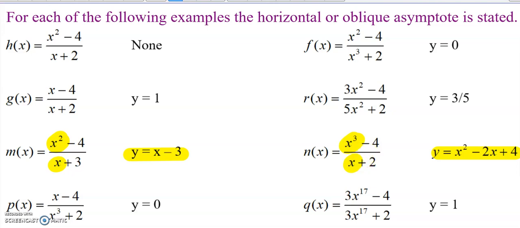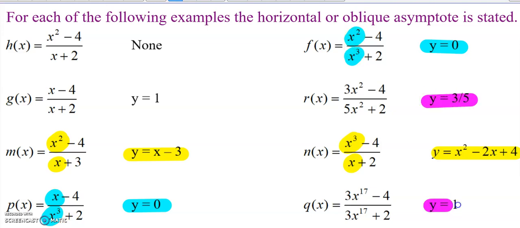Something to observe. Let's also take a look at when the horizontal asymptote was 0. Let's compare the degree of the numerator versus the denominator. Notice that in both of these examples, the degree of the numerator was smaller than the degree of the denominator.